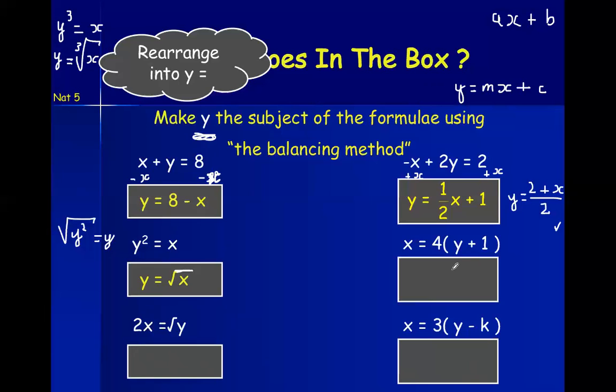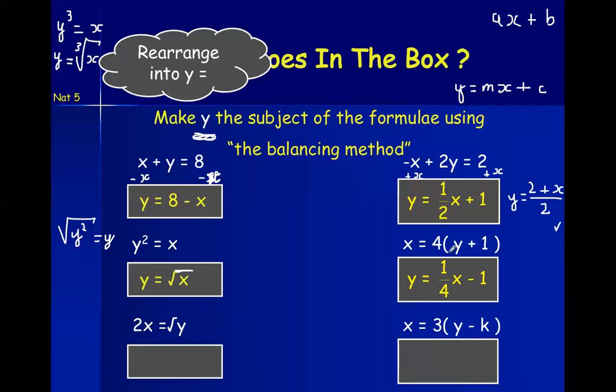Okay. So for the next one, I need to get rid of the brackets first. Or you could divide by 4 each side, then you get x divided by 4, and then you take away 1. So x divided by 4 minus 1. So that would be another way of doing it.